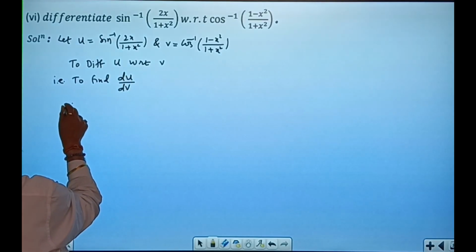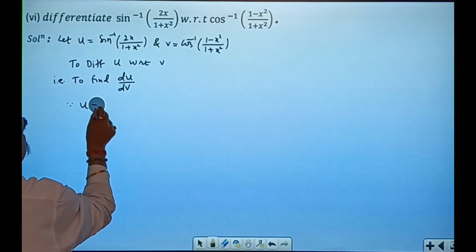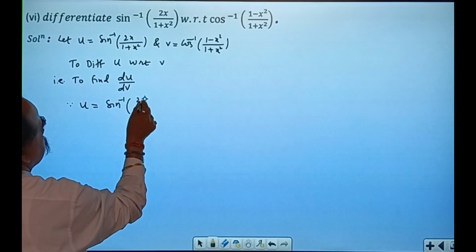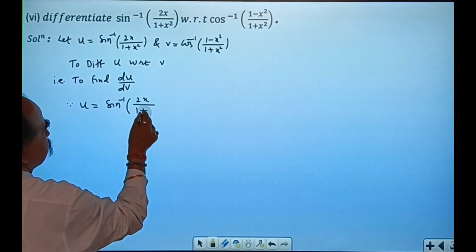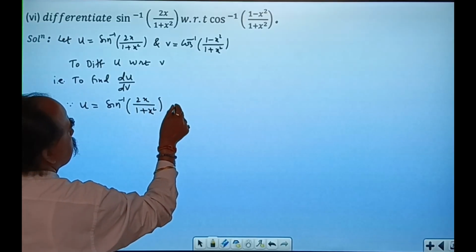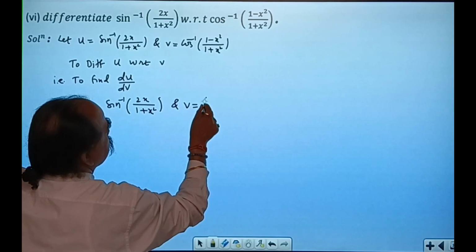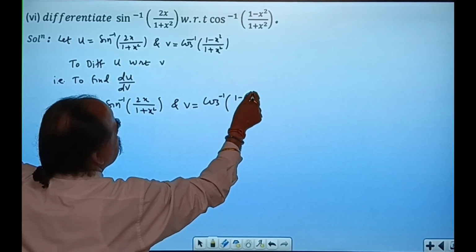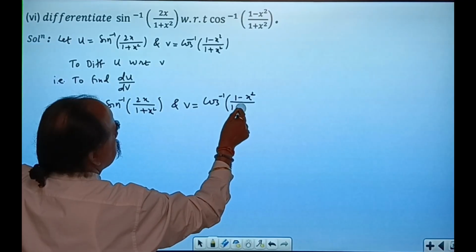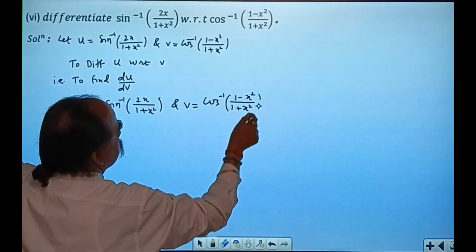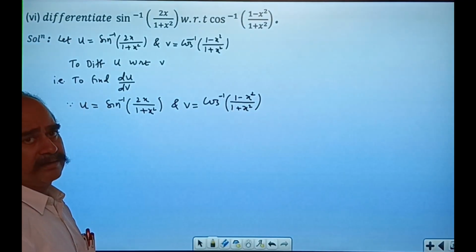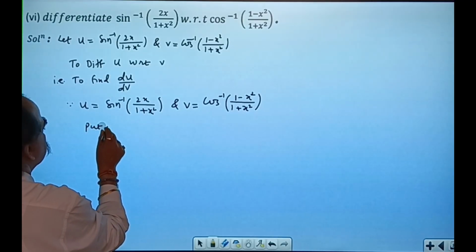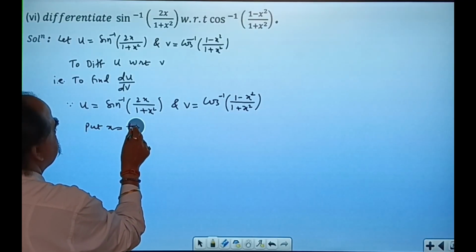Since u is what? Sin inverse 2x upon 1 plus x square, and v is what? Cos inverse 1 minus x square upon 1 plus x square. Put x is equal to tan theta.